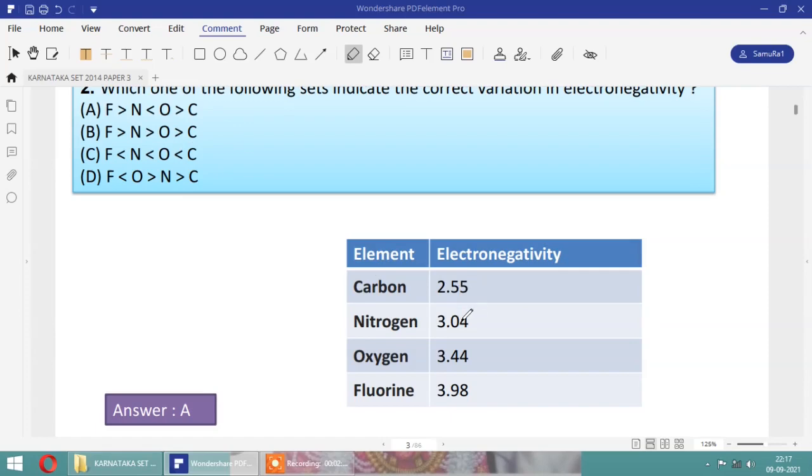For carbon it's 2.55, nitrogen 3.04, oxygen 3.44, fluorine is 3.98. Hence here you see electronegativity of fluorine is greater than electronegativity of oxygen, then nitrogen, then carbon.